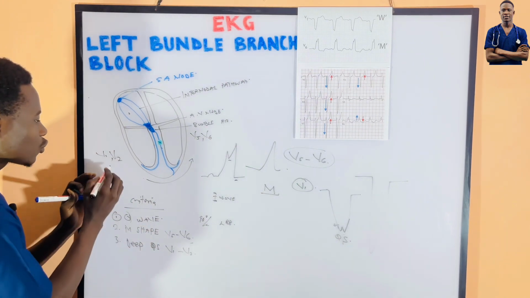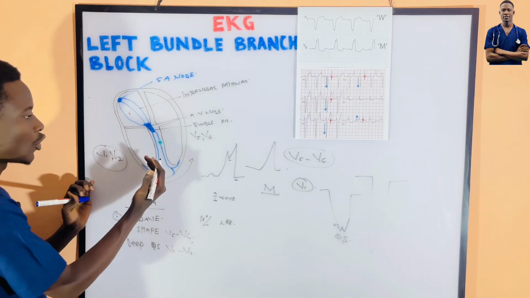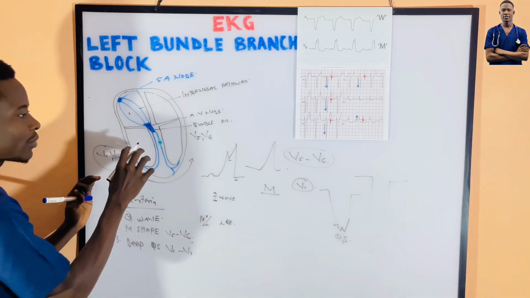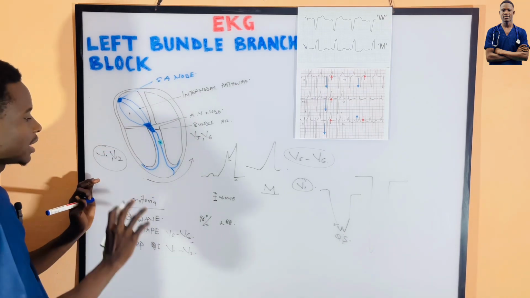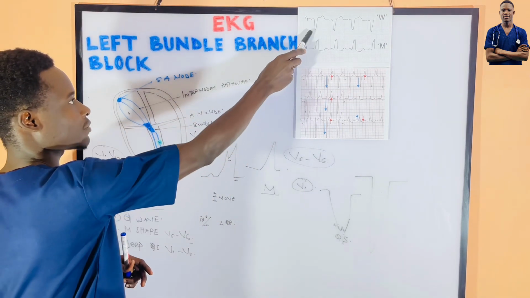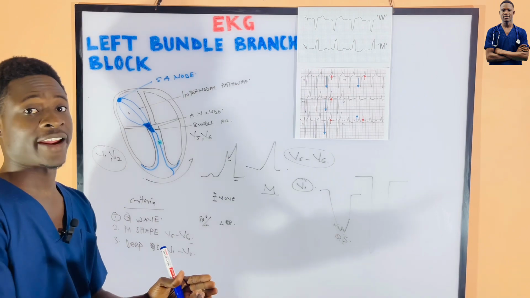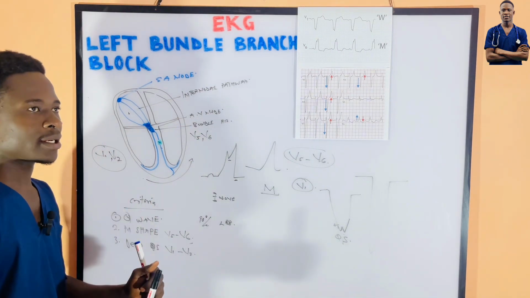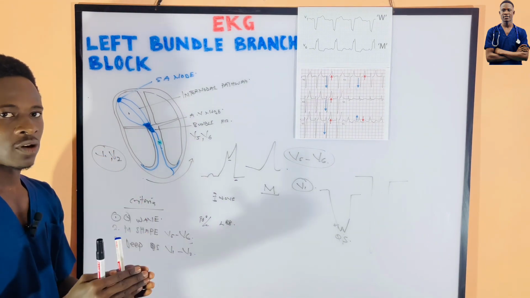Now, the V1 and then the V2, which actually take information from the right ventricle, give what? A very high depolarization, because all the electrical impulses are directed to that place. A very high depolarization and a deep QS complex.